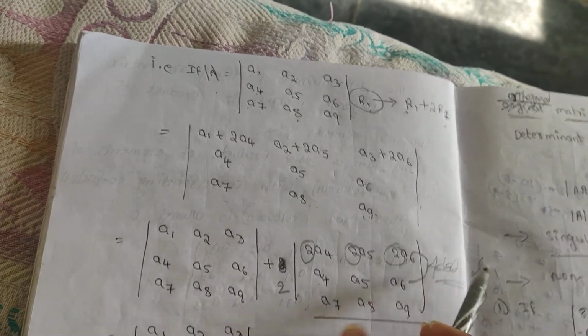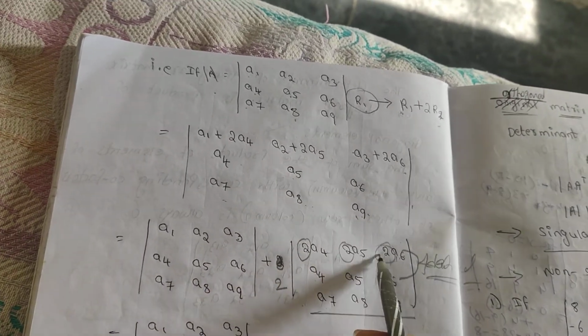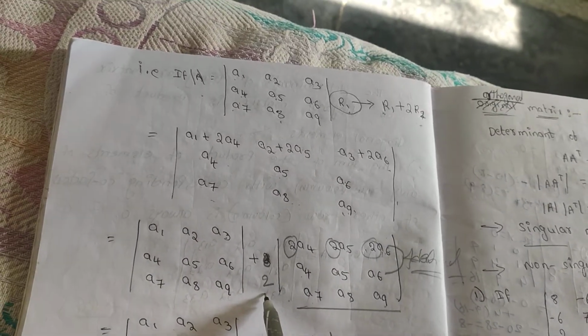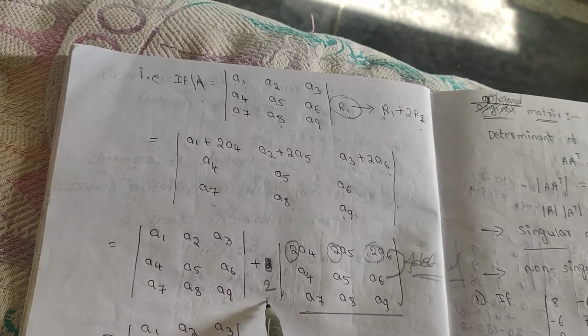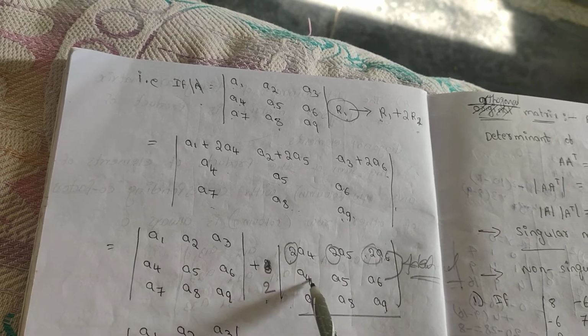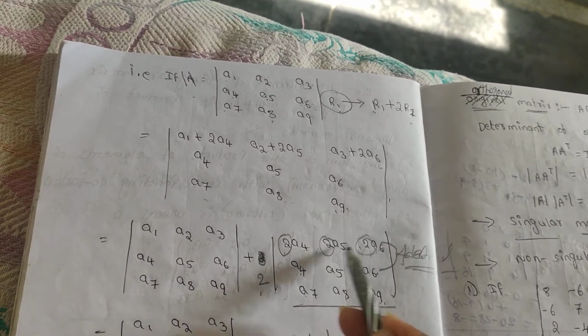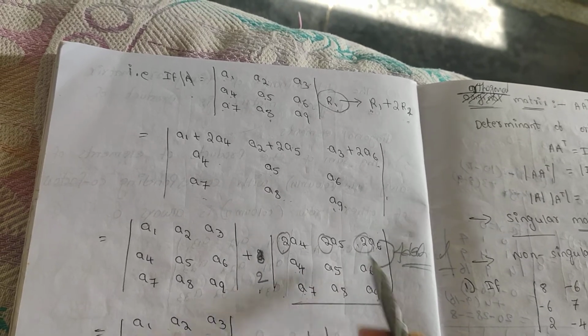In the second determinant, you can observe that 2 is common in the first row. That 2 you can take outside. After taking 2 out, what do you have? a4, a5, a6, a4, a5, a6, a7, a8, a9.